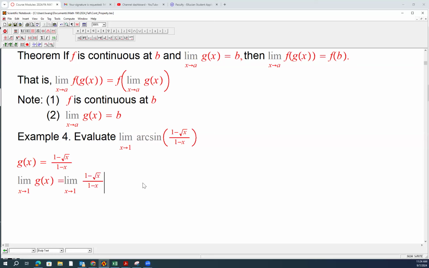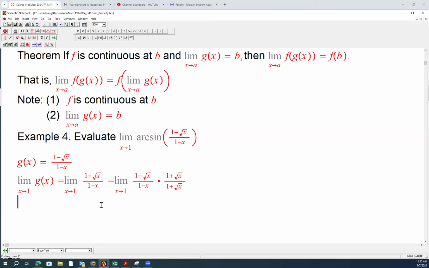To simplify, obviously we cannot do direct substitution here, because that's going to cause the denominator to equal 0. But what we can do is a rationalization. So I'm going to multiply by 1 plus root x divided by 1 plus root x. We multiply by 1, and anything times 1 stays the same.